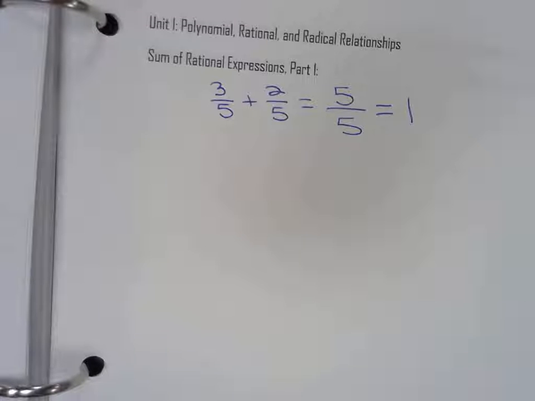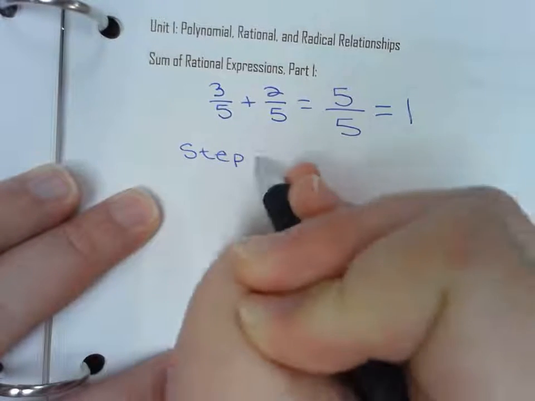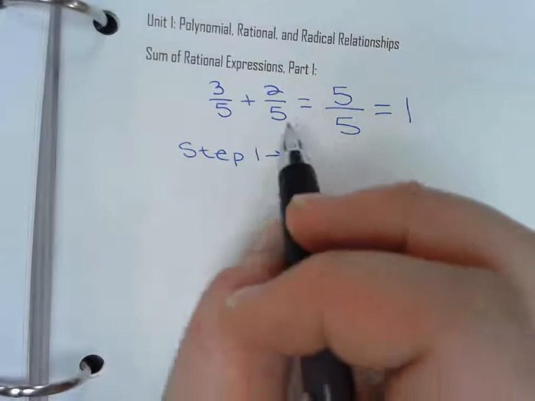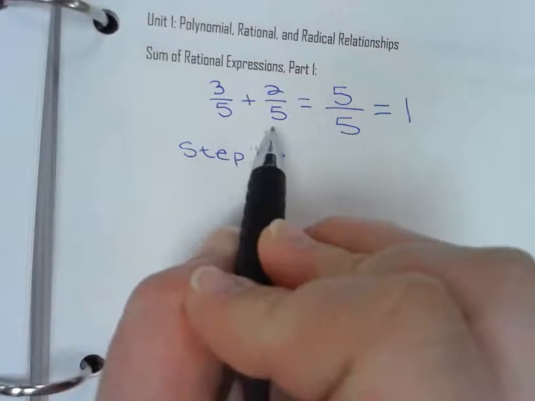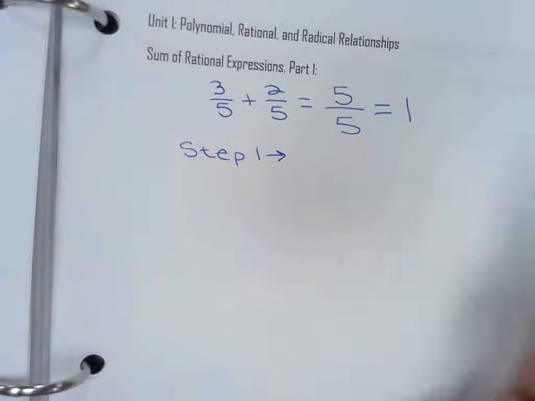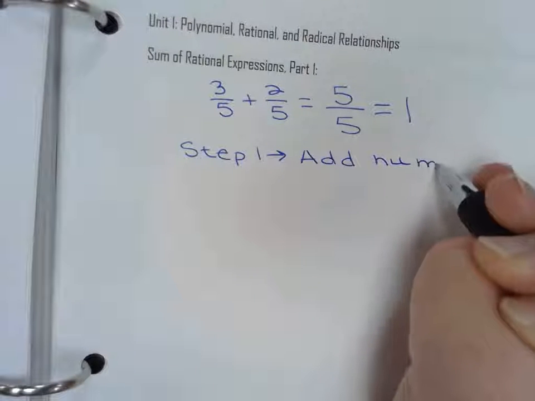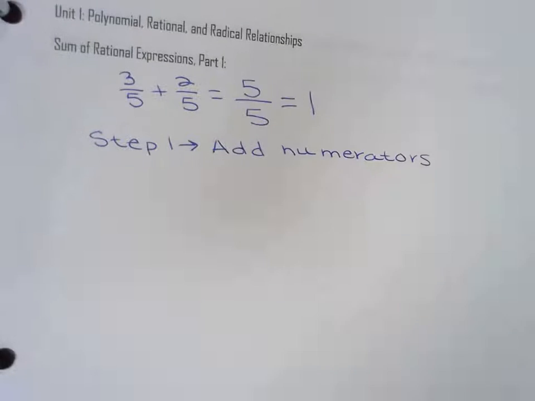We're going to use the same thought process when I'm adding expressions. So if I throw a variable in there, what's that going to look like? So, couple steps. When you add with the same denominator, you never add the denominators, back from middle school. You don't do anything with the denominator, you keep it the same. So step 1, you add the numerators together, which is kind of what we did with the lesson right before this, where we combine things together.